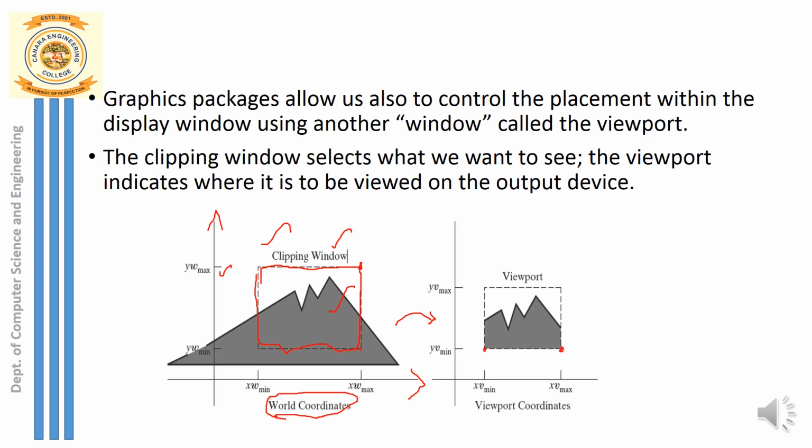The maximum boundary is given by XV maximum and YV maximum. So that forms a viewport area, and inside that viewport, or inside that display window area, you are now ready to display that selected portion of the graphics. So now you have finally displayed that selected portion of the graphics on the display window. So you call this viewport coordinates.